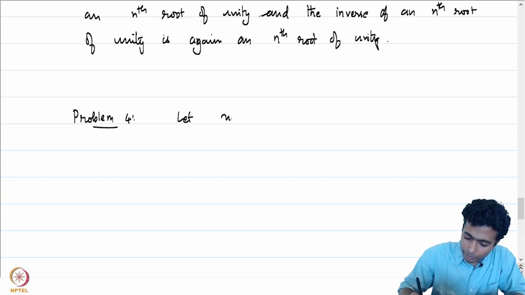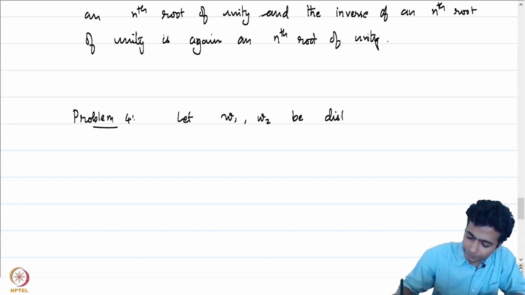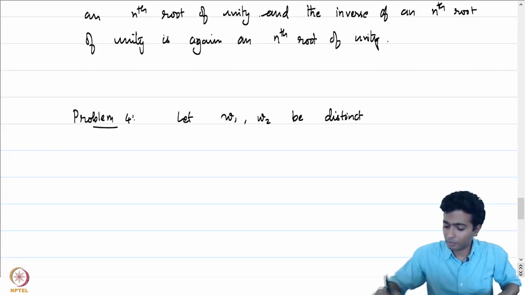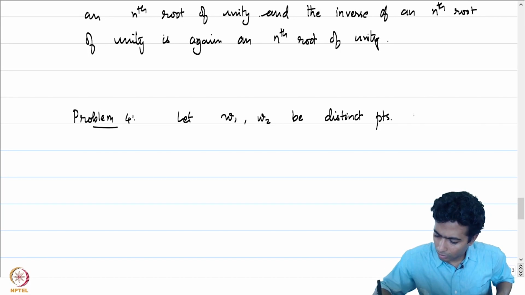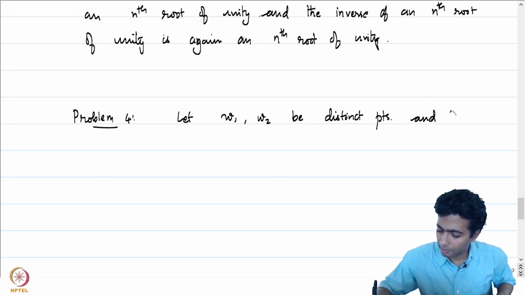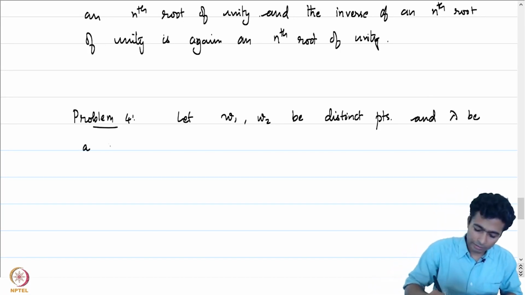Let W1 and W2 be distinct points and lambda be a positive real number.